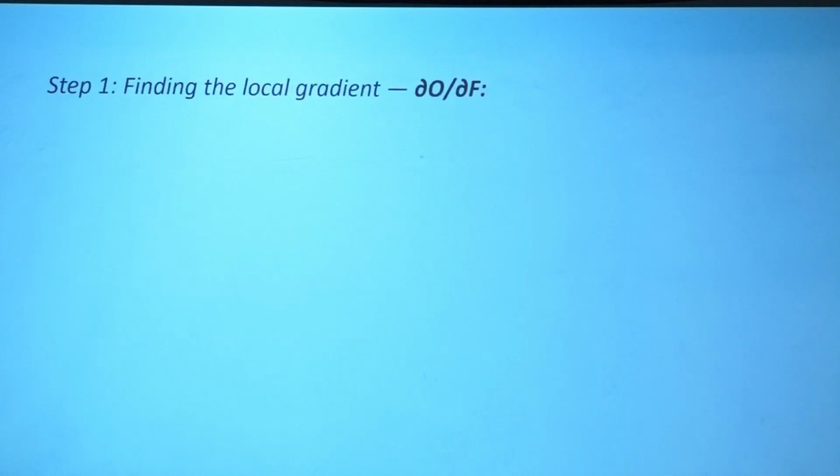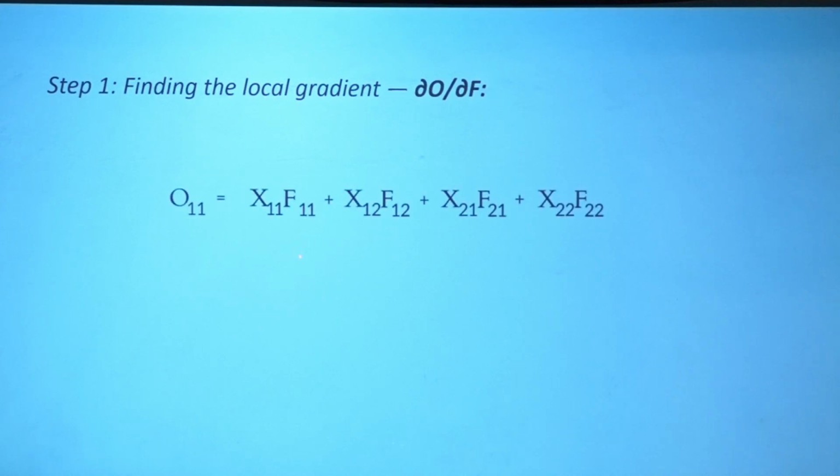Okay. This is important. So finding the local gradient ∂O/∂F is also simple. What is O? For the given example which I have taken, a 3 by 3 input and a 2 by 2 filter, you will get a 2 by 2 output: O11, O12, O21, O22. Let me take the first equation, O11.